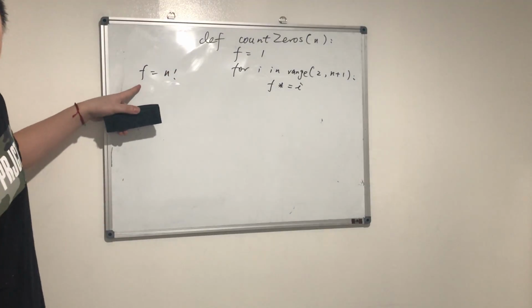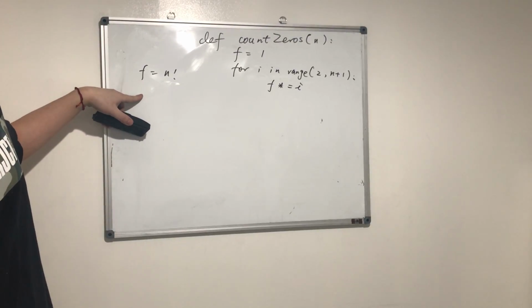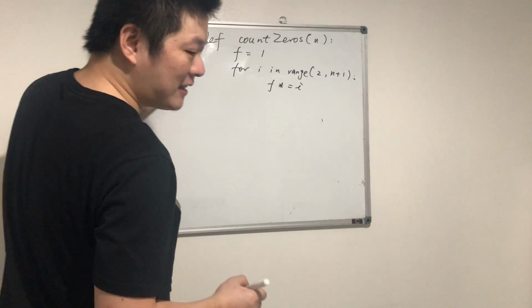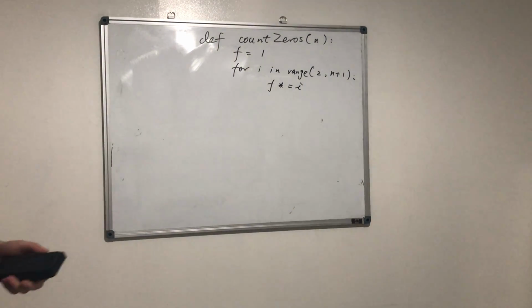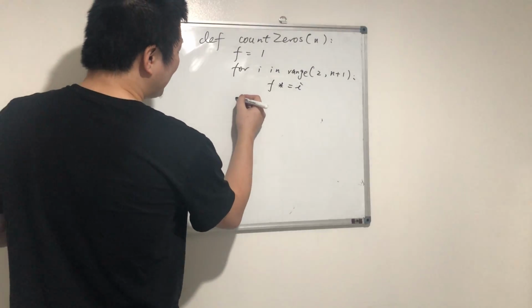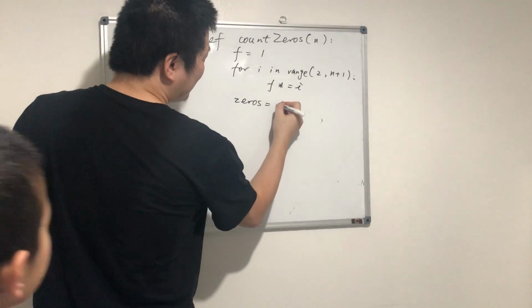Now we want to count how many zeros. Let zeros equal 0 first.